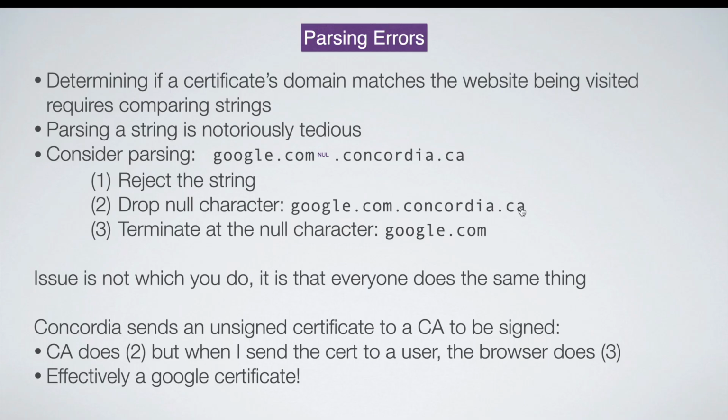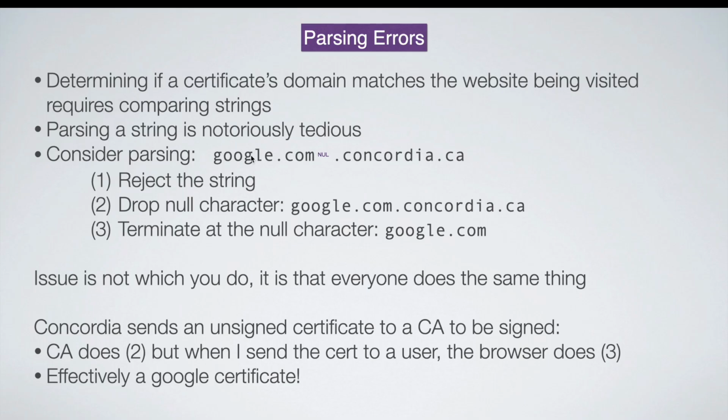And it says, okay, you can have it if you're concordia.ca. Let's say I am concordia.ca. So now I have this certificate, this weird certificate on this weird string, right? But I was able to get it because I was able to prove I was concordia.ca because the CA was dropping that null character.